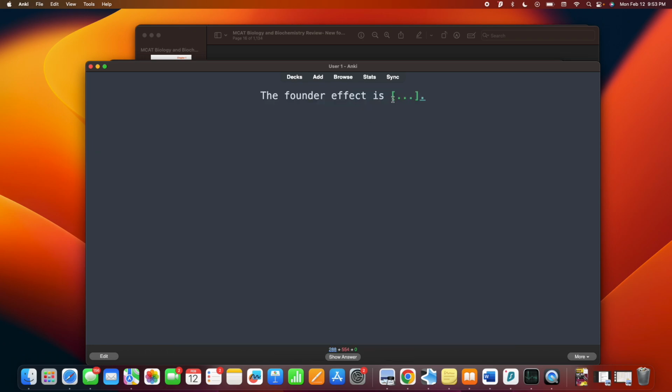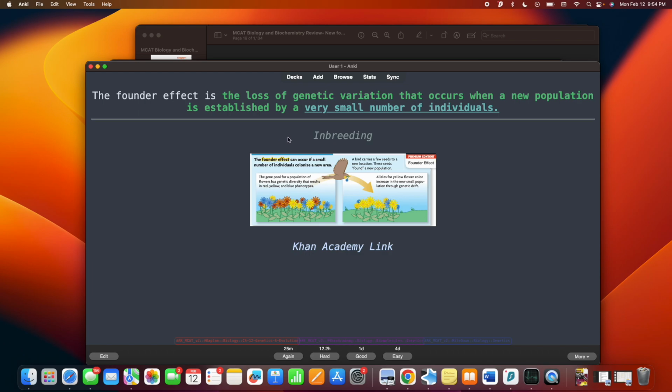The founder effect. What is the founder effect? It's the loss of genetic variation that occurs when a new population is established by a very small number of individuals. So you have a very small number of individuals, a new population is established by them, and then you have the loss of genetic variation.